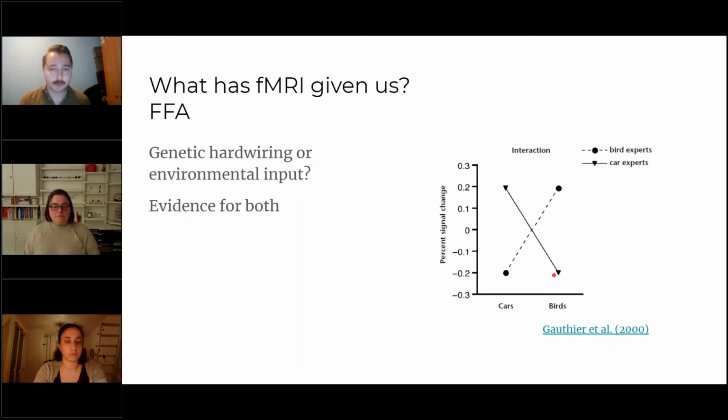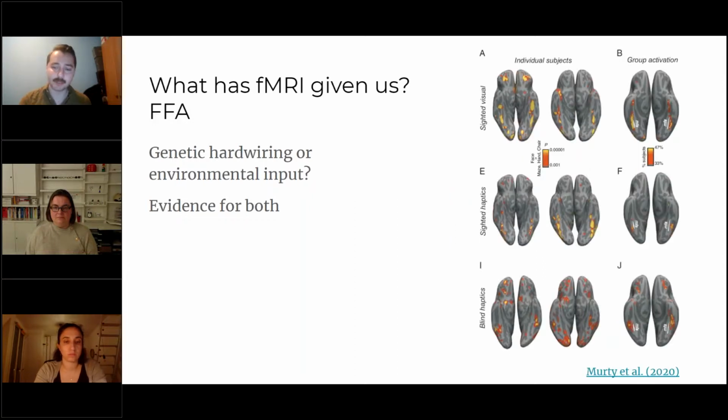But there's also some pretty solid evidence that genes are in fact involved, and that there is something special about the FFA that is kind of independent of visual input. One recent study, by Nancy Kanwisher and colleagues, published in 2020, has shown that the FFA also responds in much the same way in blind people, so in people who are blind from birth.